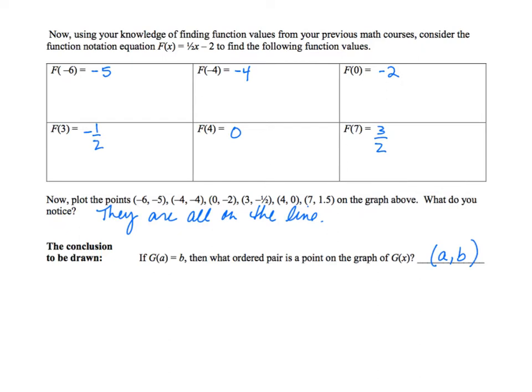And what you should notice is that all the points that they listed are on the line. So if g of a equals b, then what ordered pair is a point on the graph of g of x? A is x, b is y: a comma b.